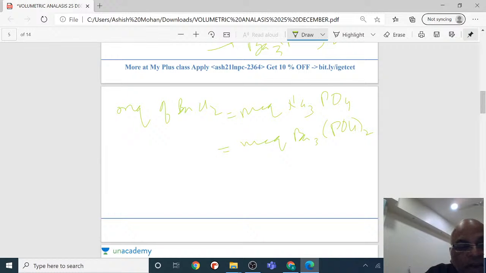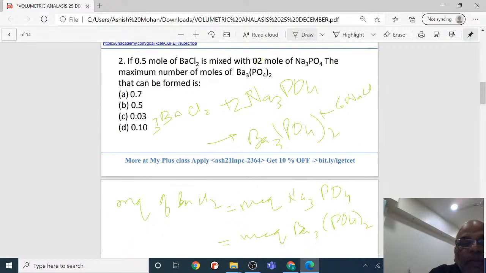Now, milli equivalent of BaCl2, molarity, then what is given? Number of moles.